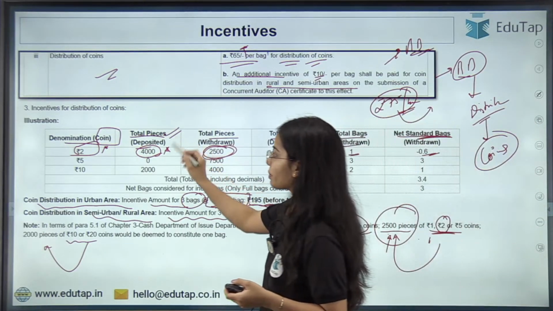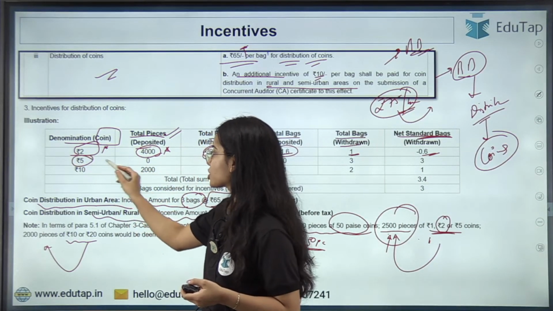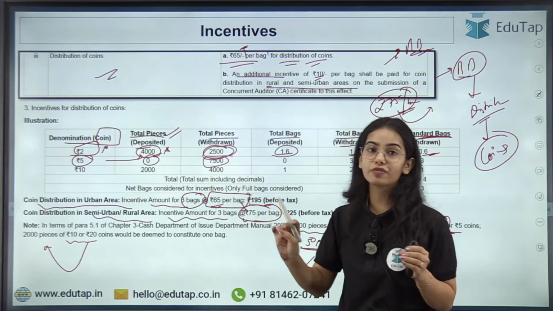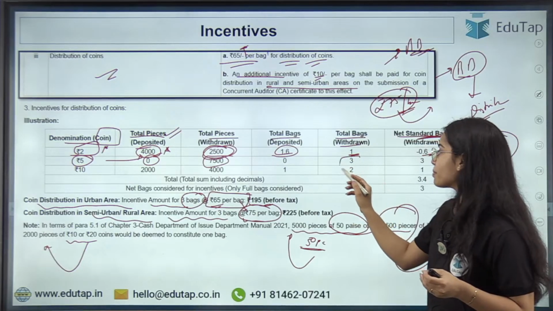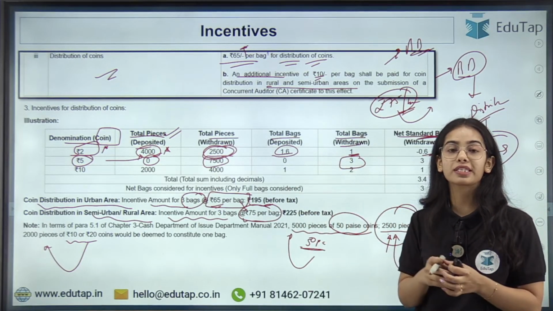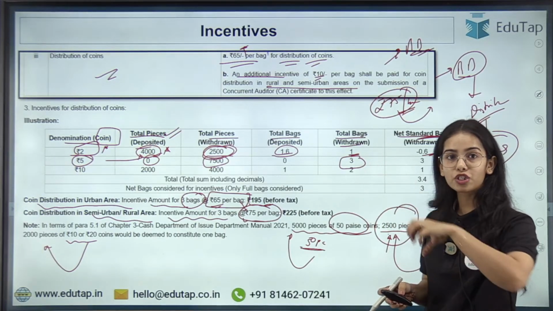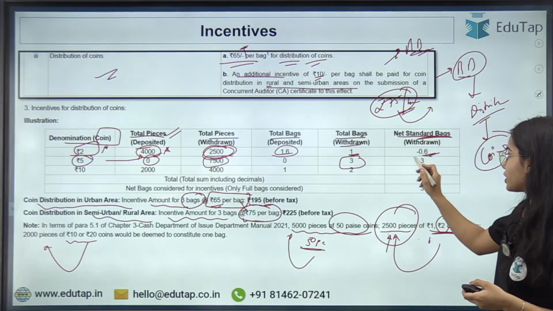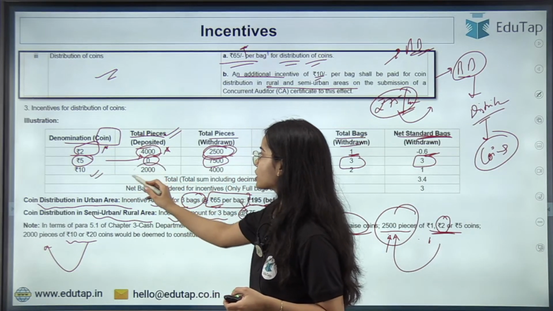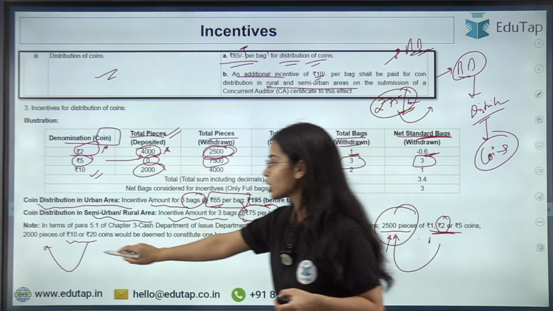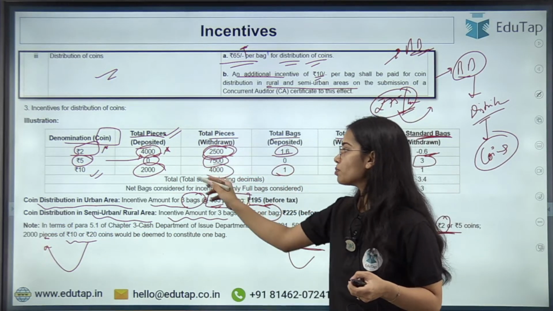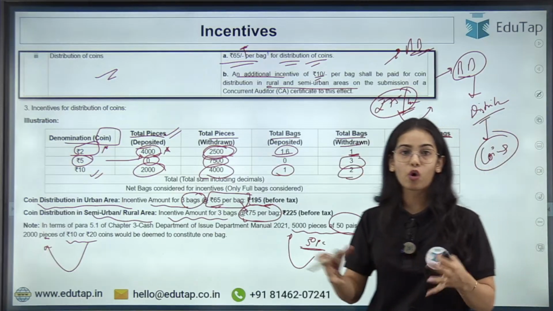While here the total pieces of 5 rupees that are deposited is 0 by the customers, while the withdrawn is 7,500. So that means 3 bags are withdrawn and 3 bags of coins are distributed by the bank branches to the public. So here these are the 3 bags. Now in the case of 10 rupees, 2,000 total pieces are deposited. So that means 1 bag is deposited by the public, while 2 bags are withdrawn by the public.